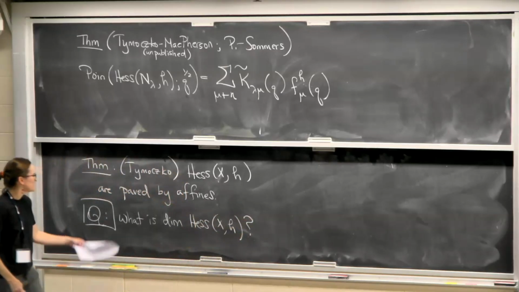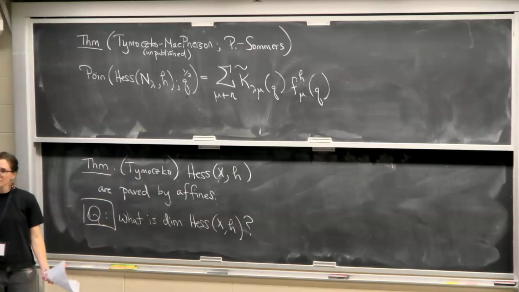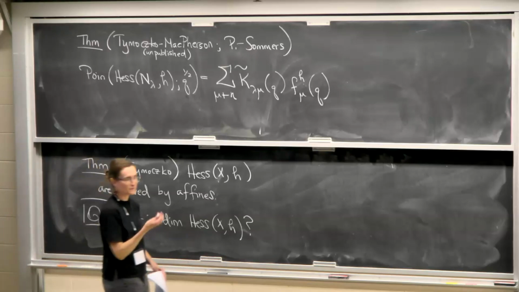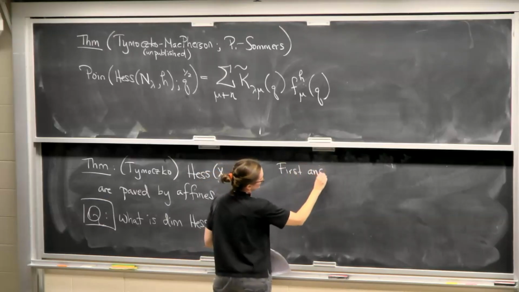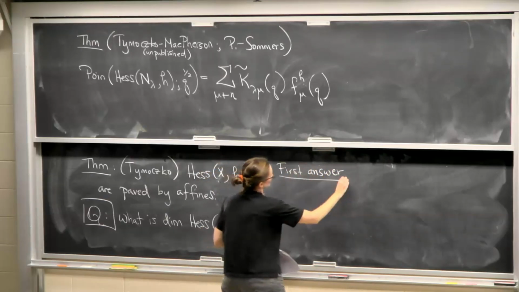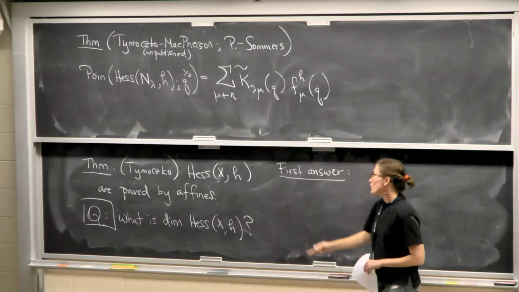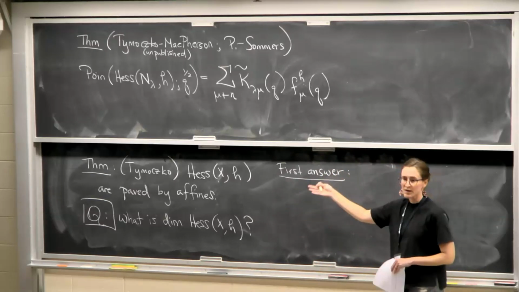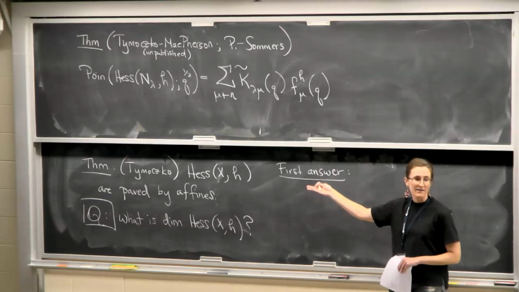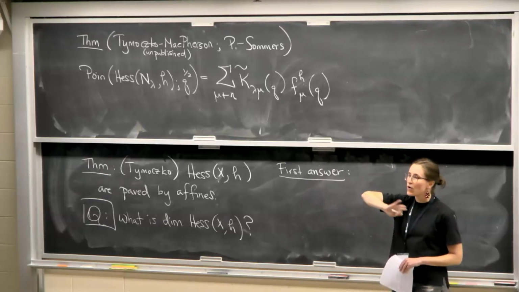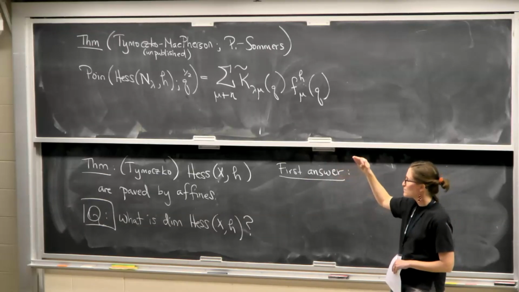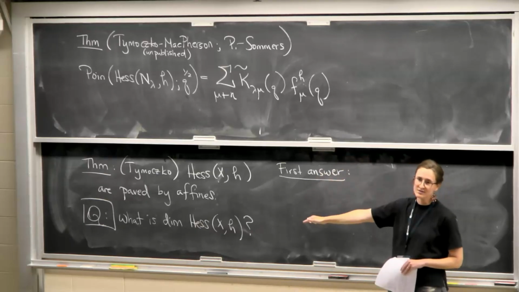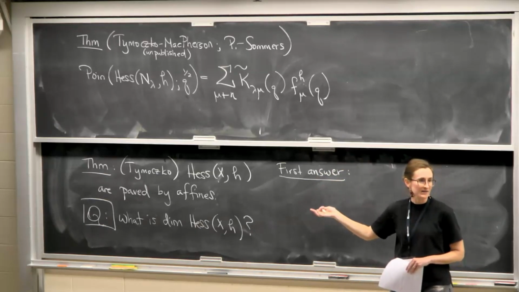Okay. And this theorem actually tells me a way to get an answer to my question. So here's the first answer. Well, Tomasco has an affine paving. I look at the affine paving, I look at all the affine cells, I compute their dimensions, I find the maximum dimension that occurs, and that's the dimension of my variety.